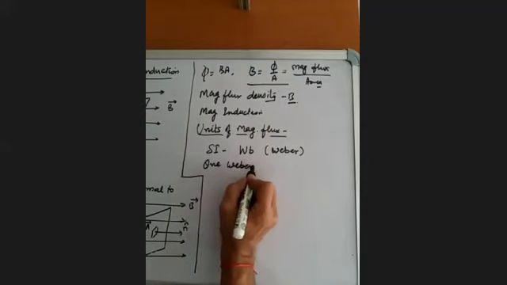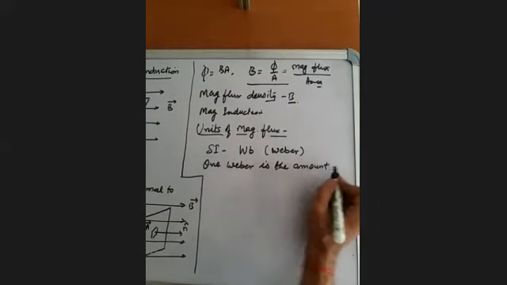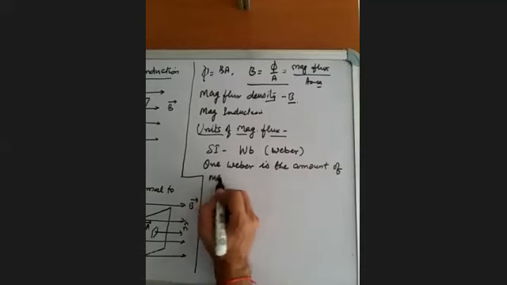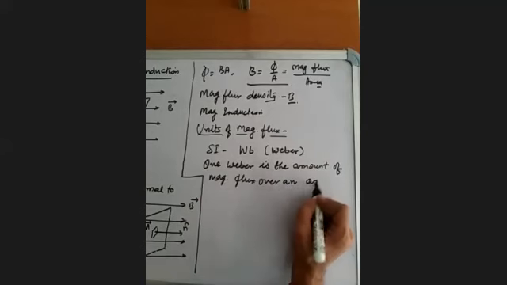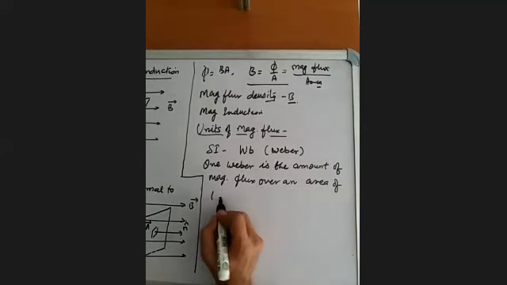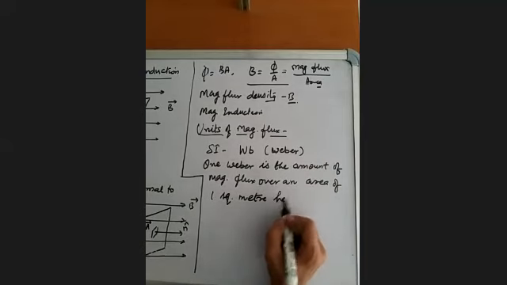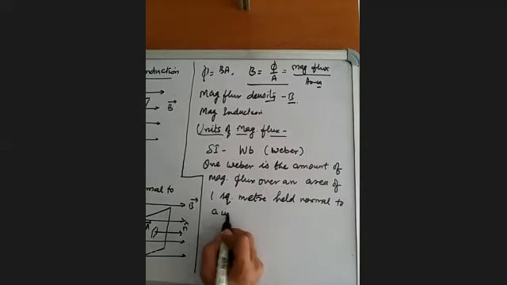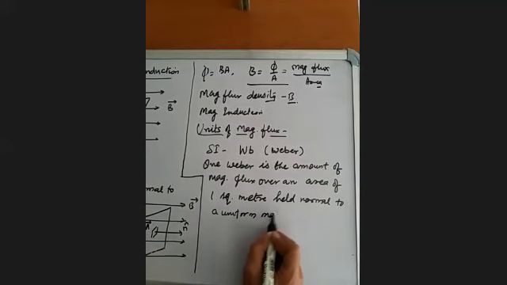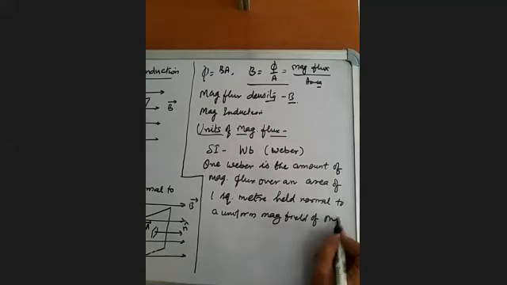So 1 Weber is the amount of magnetic flux over an area of 1 square meter held normal to a uniform magnetic field of 1 Tesla.